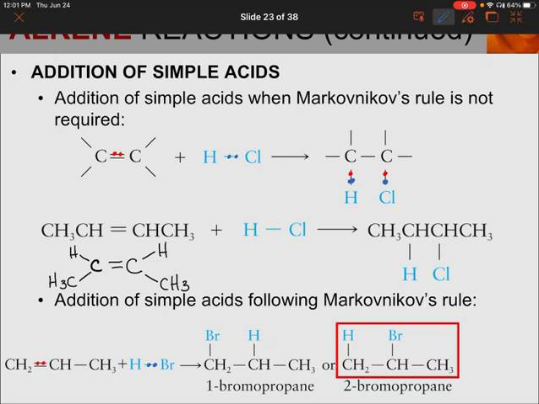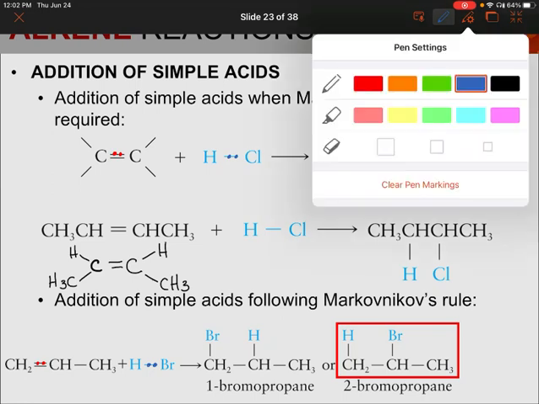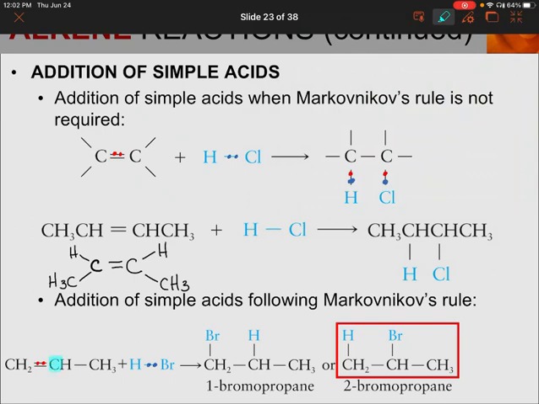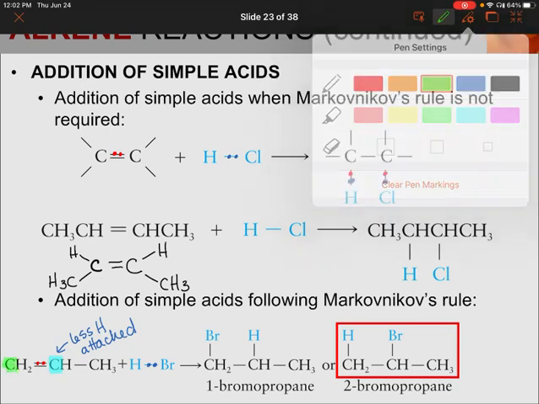Either the hydrogen adds to the side with less hydrogens, so let's just highlight that, or the side with more hydrogens.